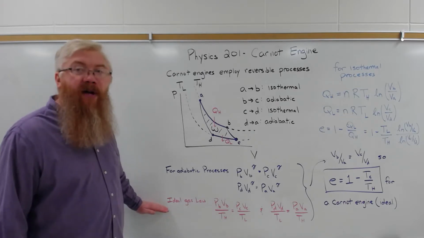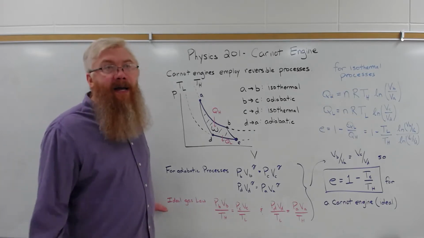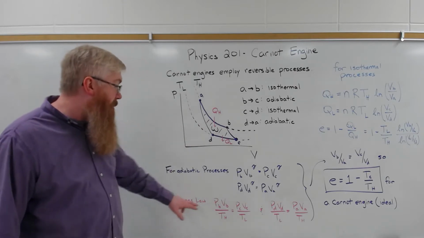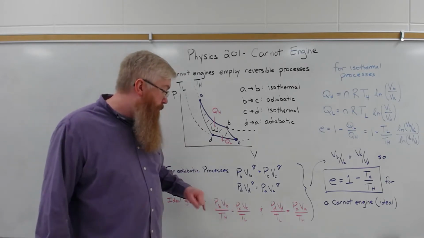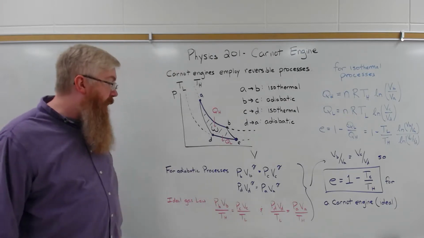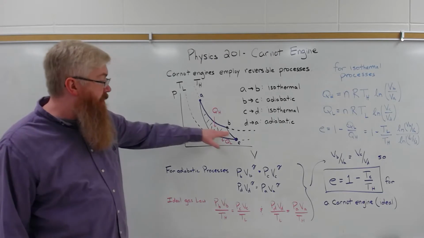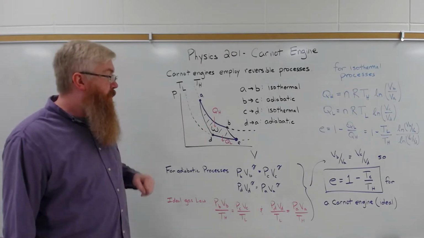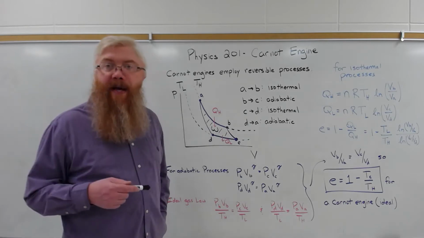And then from the ideal gas law, PV equals nRT. n doesn't change, the number of moles of gas stays the same. R stays the same. So you can come up with these ratios from the ideal gas law, because these occur for these adiabatic processes and these isothermal processes. Your book goes through the math. It's a full page derivation.